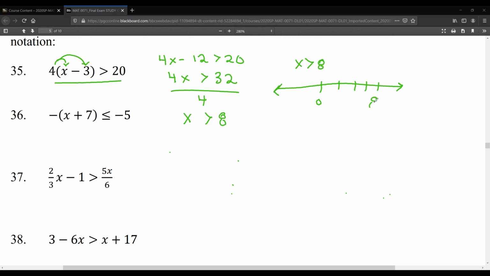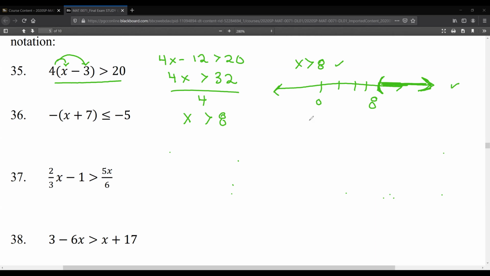We'll say this is 8 right here. And the endpoint is going to look like this, a parenthesis, and it's x is greater than 8. So it's going to be everything that's greater than 8 is going to be here. So this is your graph. This is the solution.